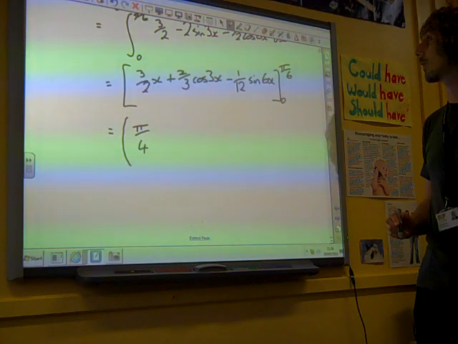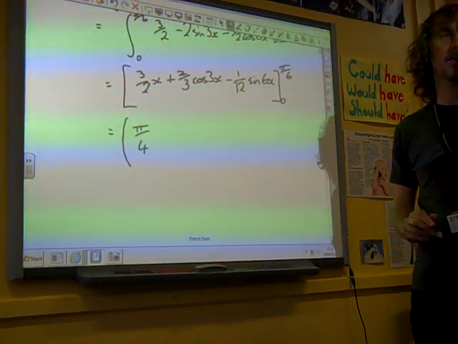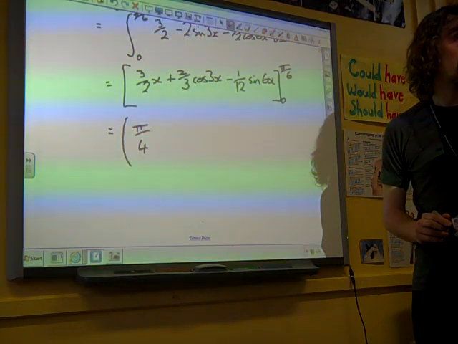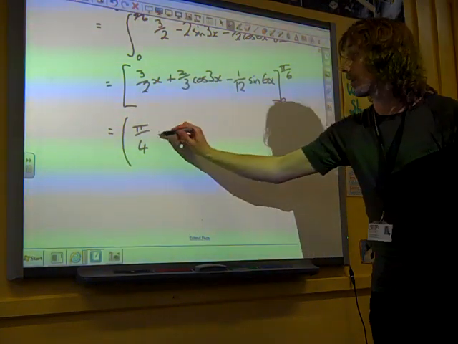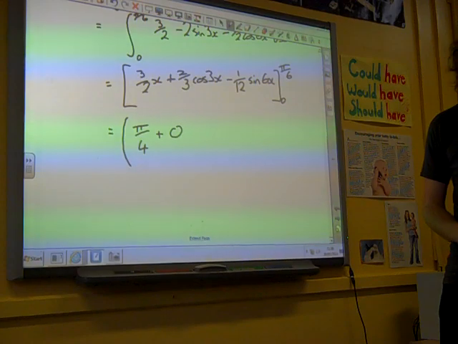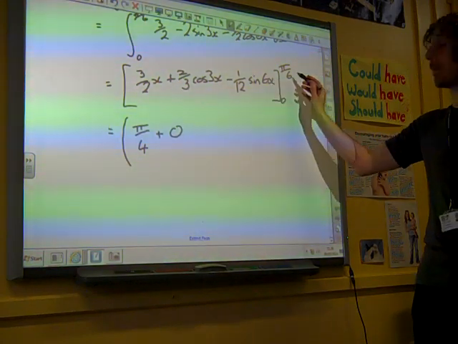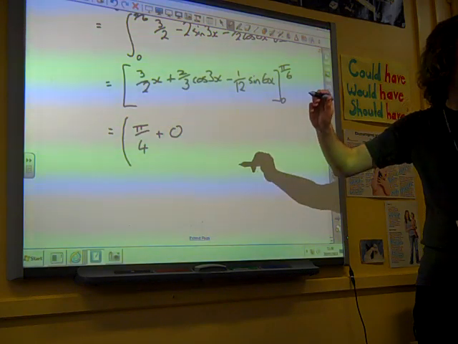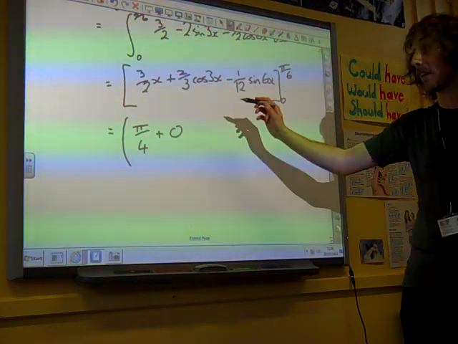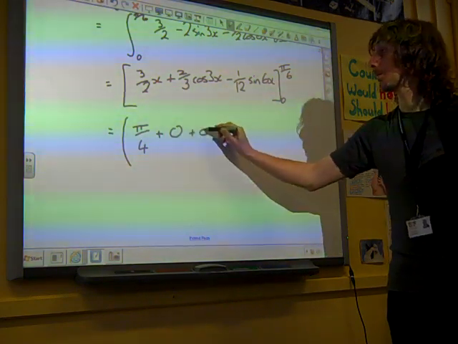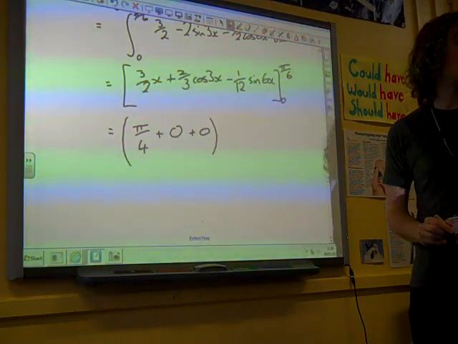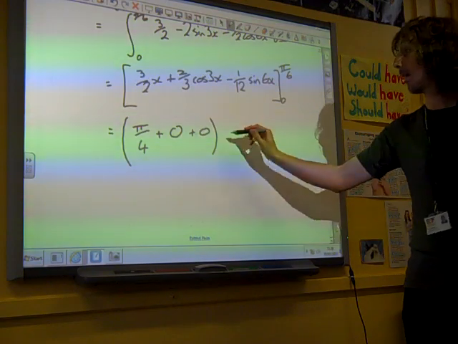The cos of 3 pi by 6, the cos of pi by 2, 90 degrees, cos of 90 is 0, so that's 0 from that bit. And this is sine of pi, 6 times pi by 6. Sine of 180 degrees, well that's 0 as well. So from putting pi by 6 in, we got pi by 4 out of it as an answer.